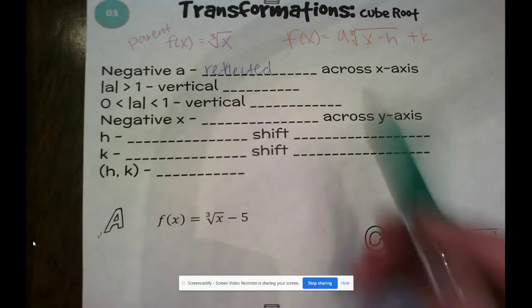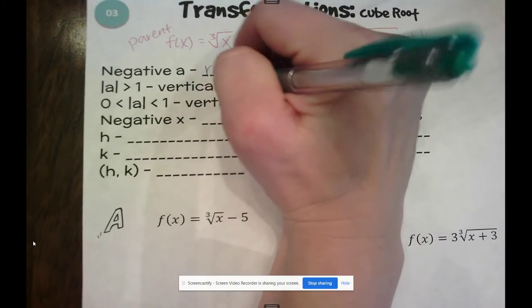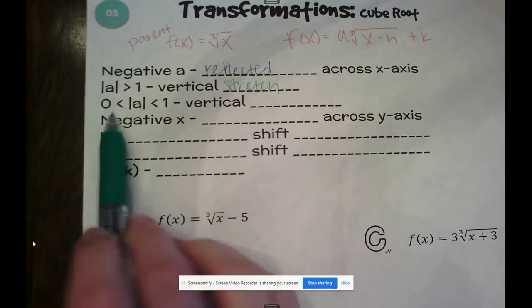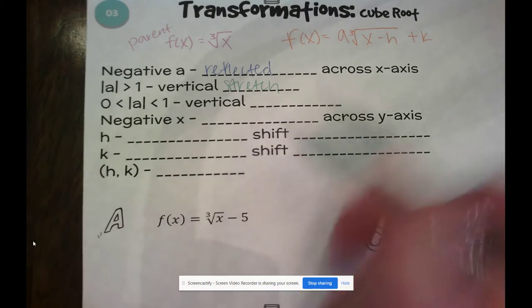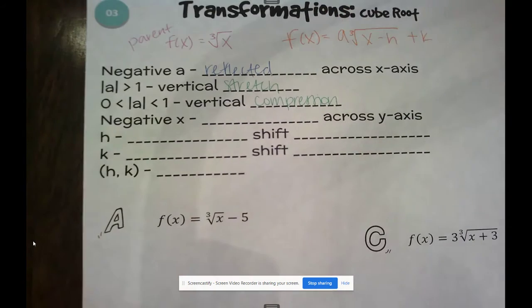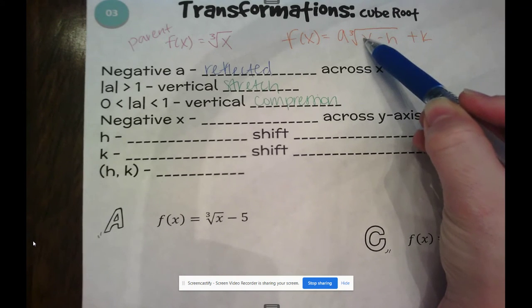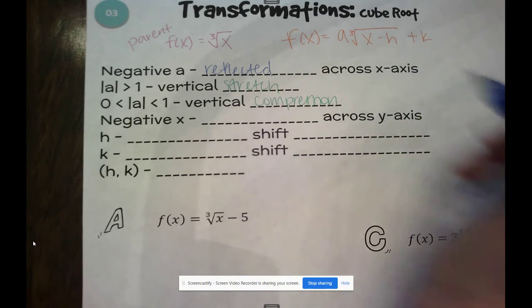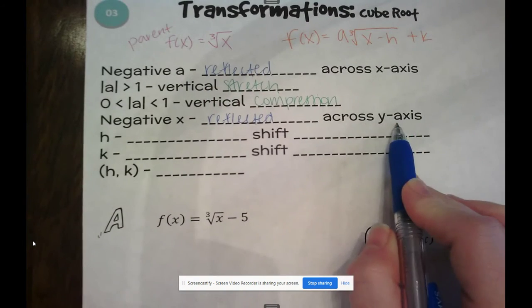And if a is greater than 1, then we're going to have a vertical stretch. And if a is a fraction in between 0 and 1, we're going to have a compression. And if there's a negative right in front of our x, then that means it's reflected over our y-axis.